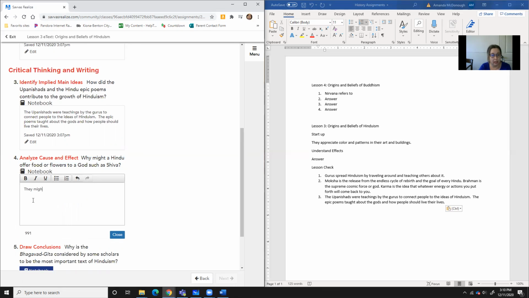They might offer food or flowers to a god to keep them happy so that their family prospers. And that basically means the family gets rich, the family stays healthy, good things happen.